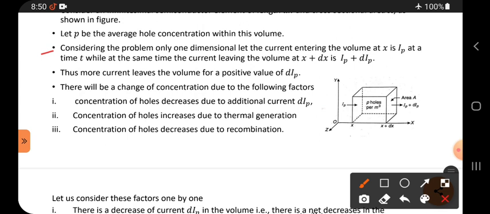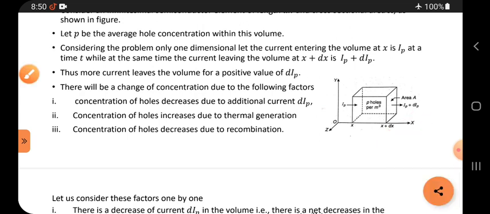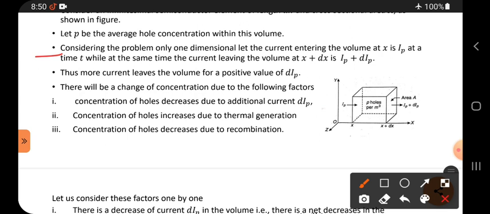Next, considering the problem only in one dimension, that is along the x-axis. Let the current entering the volume at x be Ip at a time t. At the same time, the current leaving the volume at a distance x plus dx is Ip plus dIp.